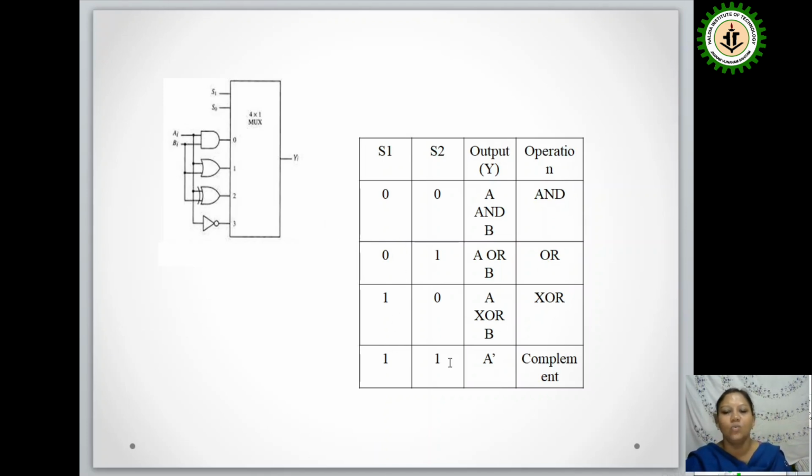And finally 1 1 is connected with only the A bit value, that is the fourth input. So that is the A complement. So in this logical circuit only 4 operations are performed: AND, OR, XOR, and NOT. If you want to connect a NAND, NOR or anything else, it is connected with this mux.